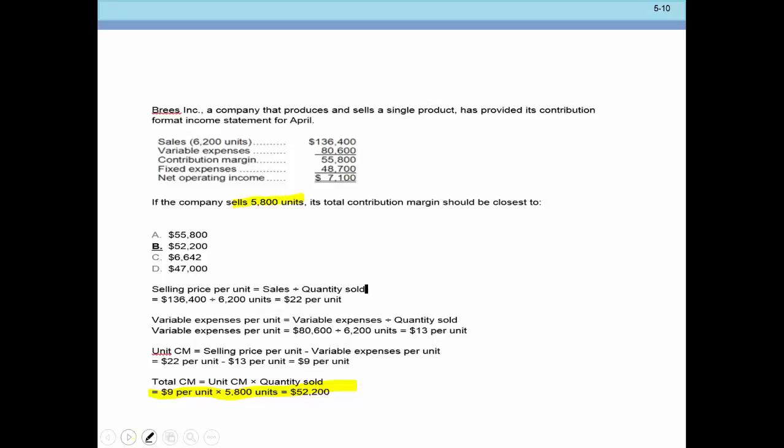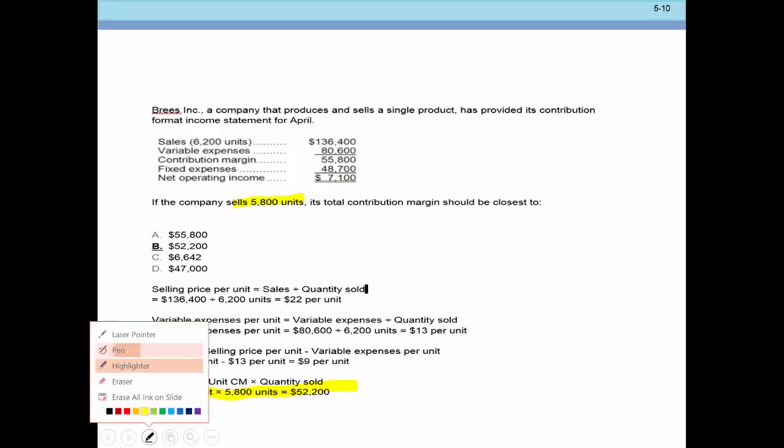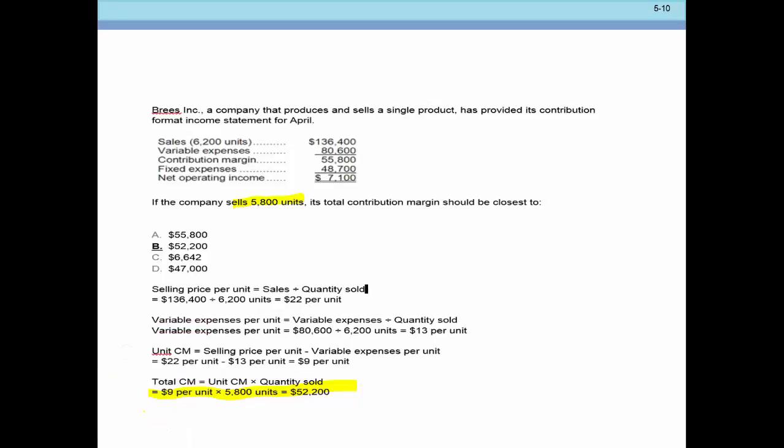Now, that's sort of the long road way of doing it. The way I do it when I look at this problem, I say, well, if they already showed me that the contribution margin is $55,800, didn't they? And that's what it is when you sell 6,200 units.